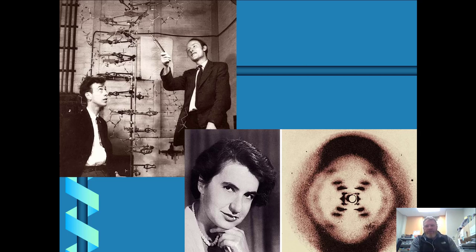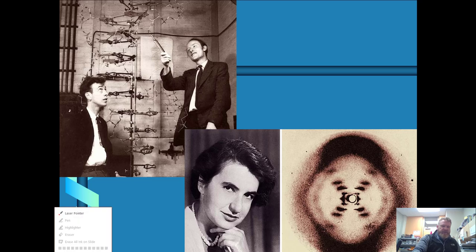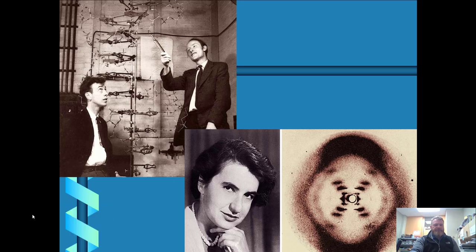So here are two folks. These guys up here are Watson and Crick. Down here is Rosalind Franklin. She is one of my favorite characters, especially as, unfortunately, she's kind of been misused and mistreated by science history.